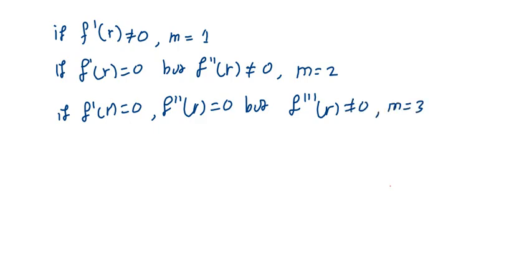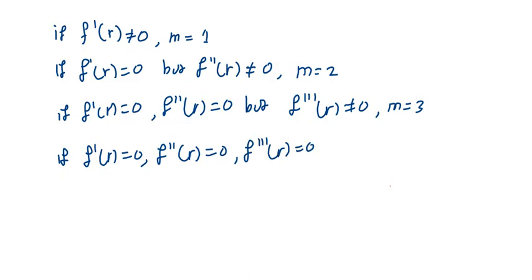So in general, I can say if you have f prime of r is equals to 0, f prime prime of r is equals to 0, and so on, but your nth derivative, let me use n rather, of r does not equal 0, you're going to find that your multiplicity is just equal to n at this point.